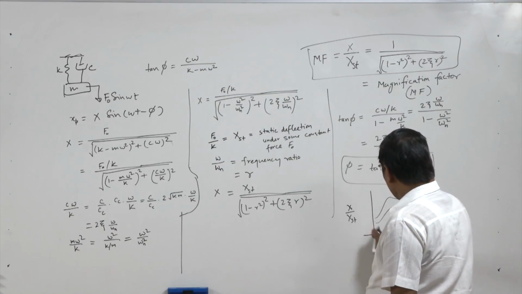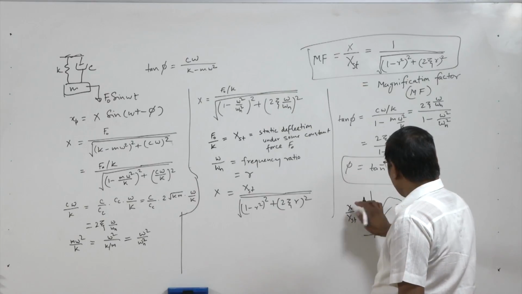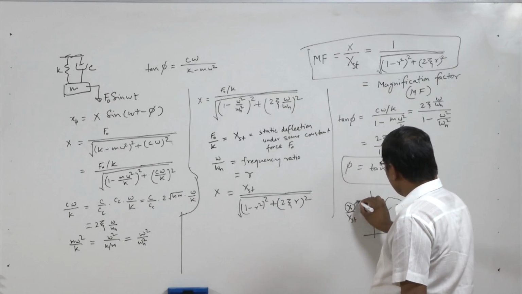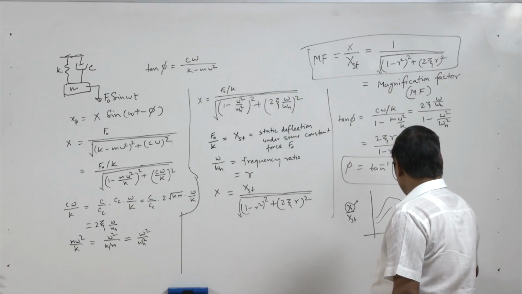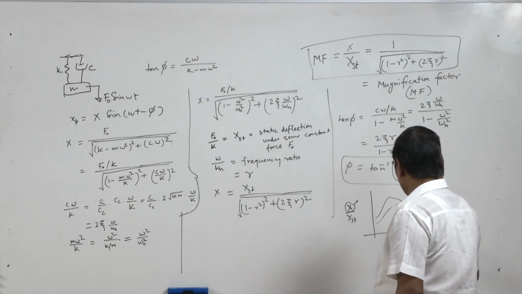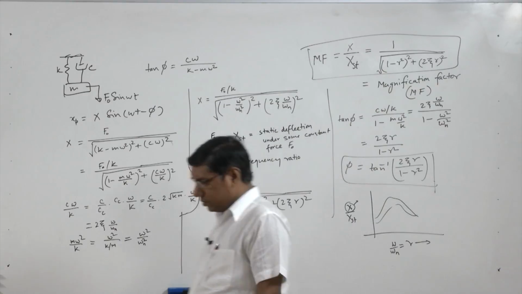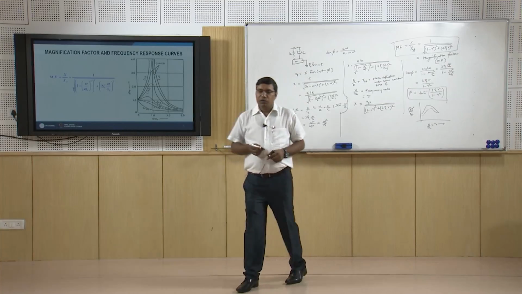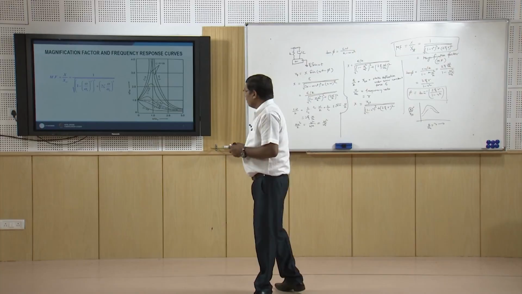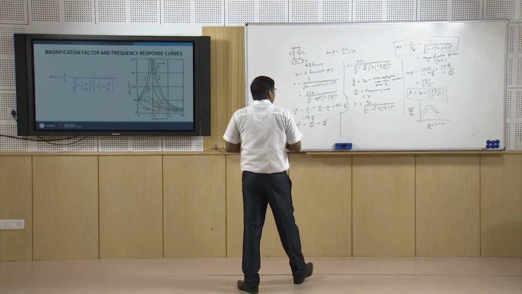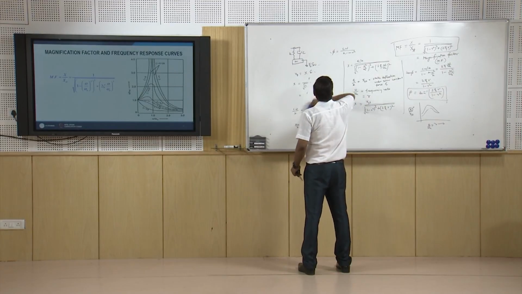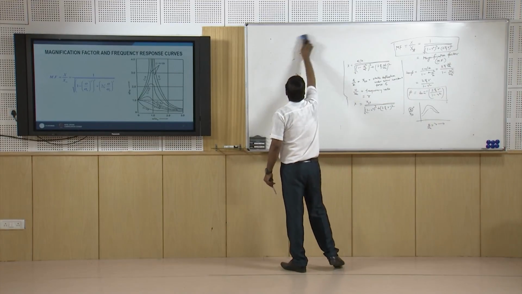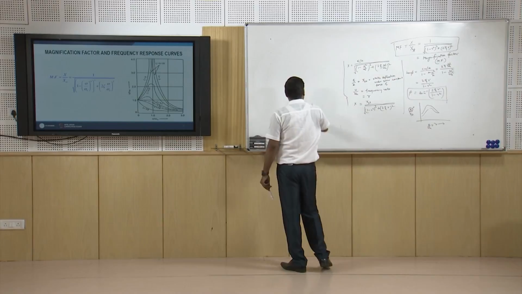So this curve tells us the steady state response amplitude at some forcing frequency. That's why these kind of curves are called the frequency response curve. So here we can plot the frequency response curve for a single degree of freedom system.